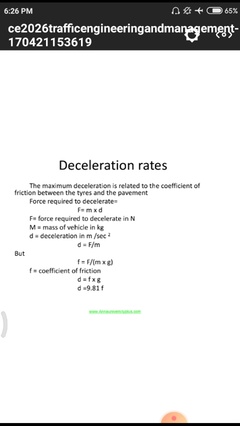Deceleration means the force required for stopping a vehicle, and this force also depends upon the mass and the deceleration value. Here F equals the force required to decelerate in newtons, m equals the mass of the vehicle in kilograms, and d equals the deceleration in meters per second squared. So d equals F by m, force by mass.